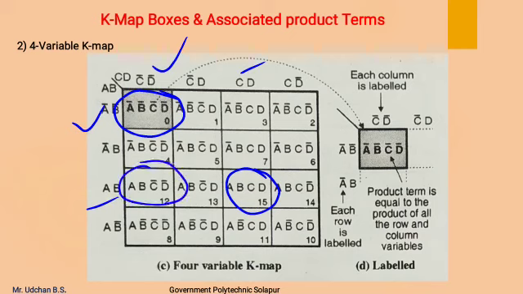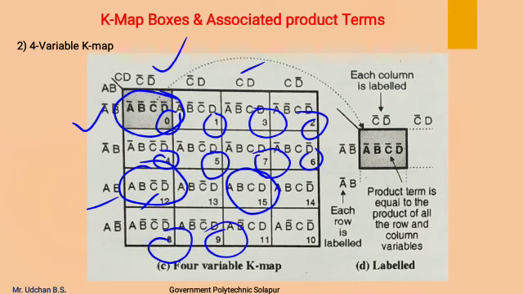For this, the related terms are AB and C bar, D bar, so the product term will be AB, C bar, D bar. In the same manner, all the boxes can have their respective product terms and we can write their binary equivalent as well. And the sequence for the 4 variable K-map is 0, 1, 2, 3, 4, 5, 6, 7, 8, 9, 10, 11, 12, 13, 14, 15.